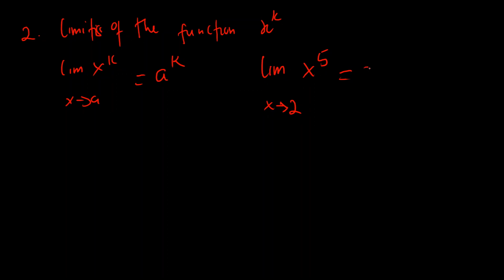So you're going to have 2 to the power what? 5. So if you have limit of x to the power 10 as x approaches -1, then this is going to be equal to -1 to the power 10.